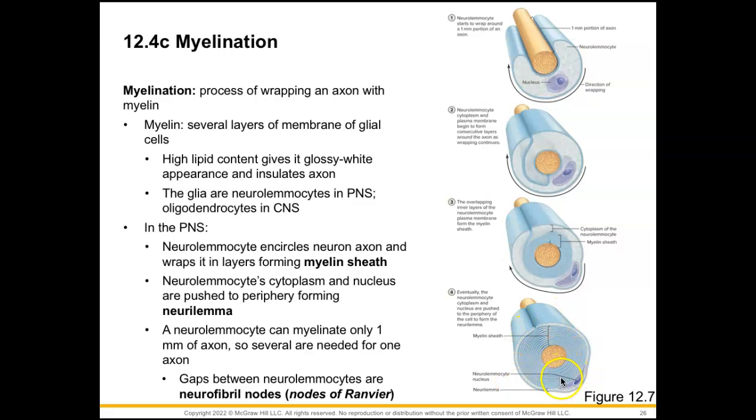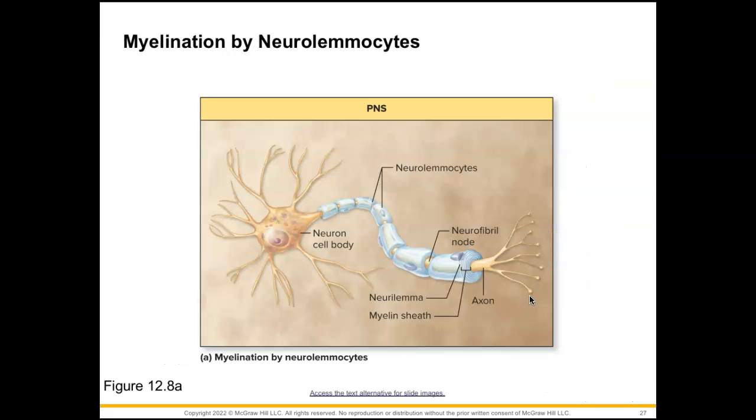The neurolemmocyte can myelinate just 1 millimeter of axon, so we're going to have several of these neurolemmocytes that are needed for 1 axon. And you'll notice in the next photo that we are going to have some gaps that form in between these myelin sheaths, and these spaces or gaps are known as neurofibril nodes, or nodes of Ranvier.